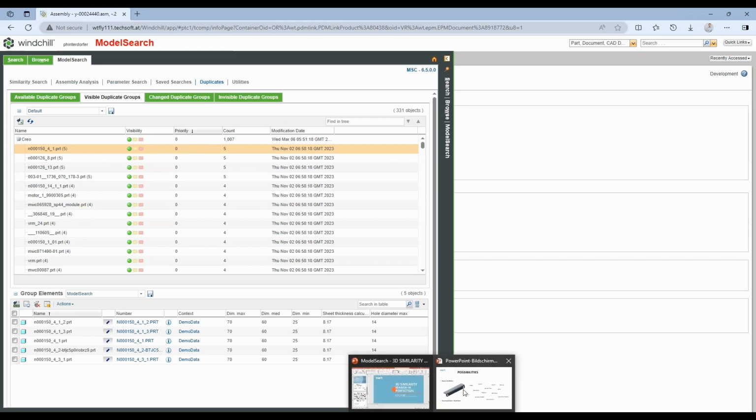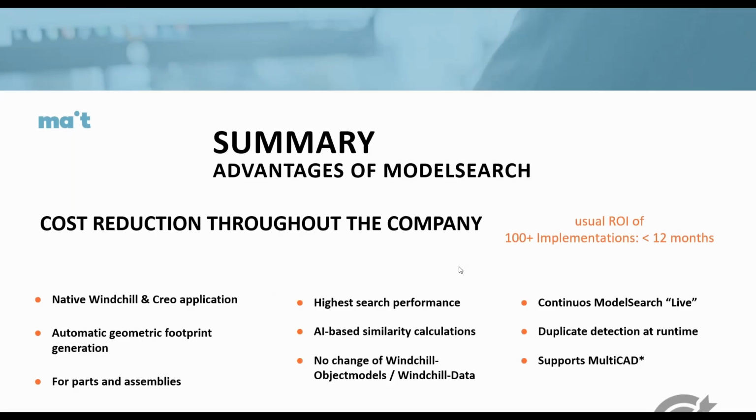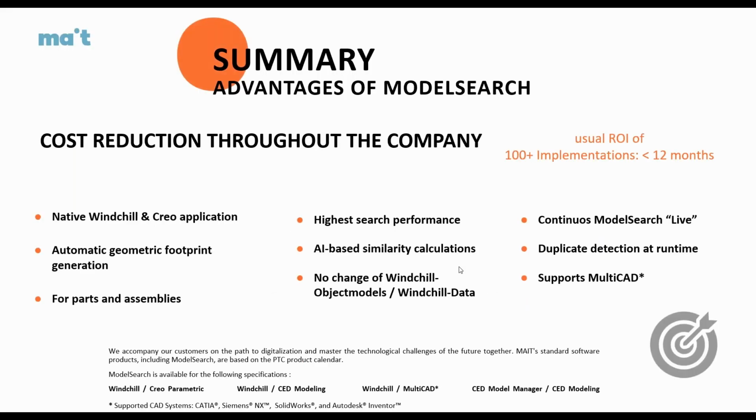So let me jump back to my presentation and let me summarize my demo. So what is ModelSearch all about? Well, once more, ModelSearch is a geometric similarity search solution which supports the whole company in finding and reusing existing models.